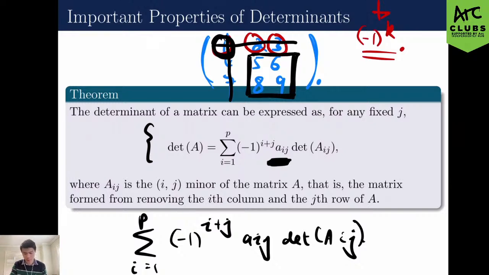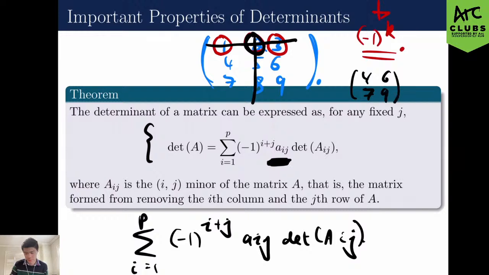And just as another example, this element over here, 2, would correspond to the matrix with this column and this row removed. So it would correspond to the matrix 4, 6, 7, 9. Okay? And so if this, for example, is the 1, 1 element, which it is, then the matrix you get from removing the first row and the first column is called the 1, 1 minor.